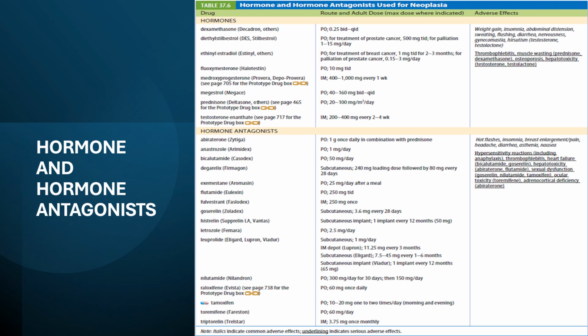They are sometimes given as adjunct to chemotherapy to reduce nausea, weight loss, and tissue inflammation caused by other anti-neoplastics. Prolonged use can result in symptoms of Cushing's disease.